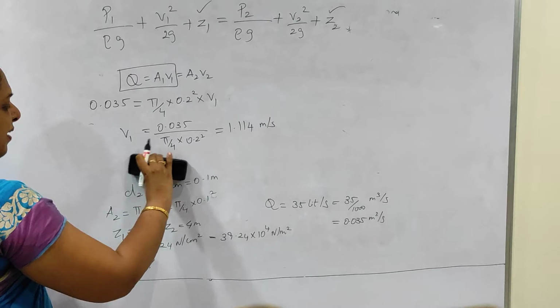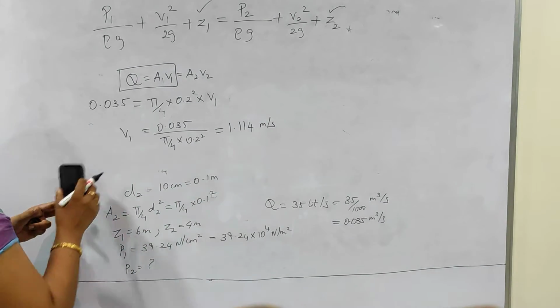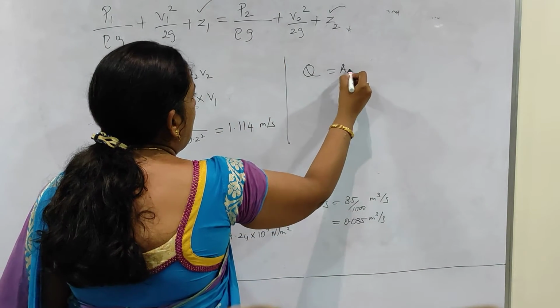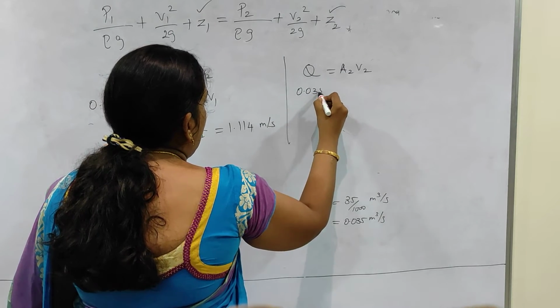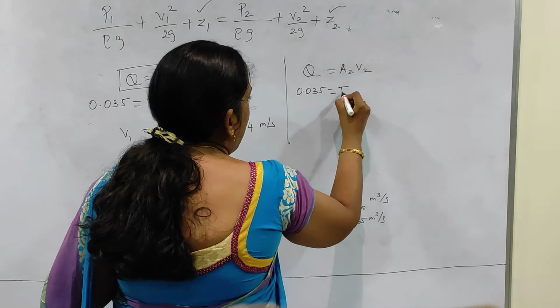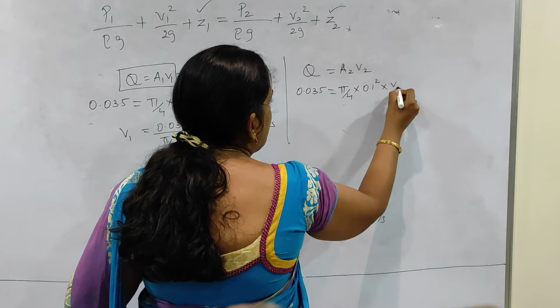Similarly, how to get my V2? I know A2. I am substituting here in this equation: Q is equal to A2 V2. Same thing, Q is 0.035 and A2 is pi by 4 of 0.1 square, and V2 is unknown.